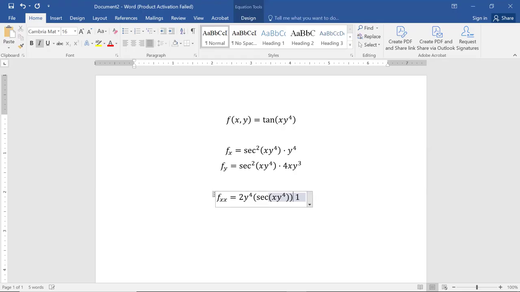Oh, no, I see what I'm doing. Okay, that's all raised to the first power. Then I have to take a derivative of secant x, y to the fourth. The derivative of secant is secant of the argument times tangent of the argument.